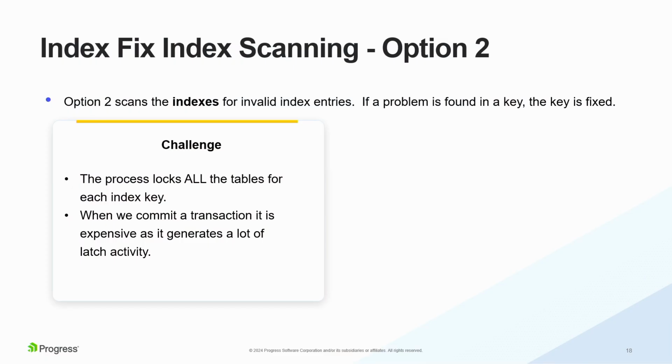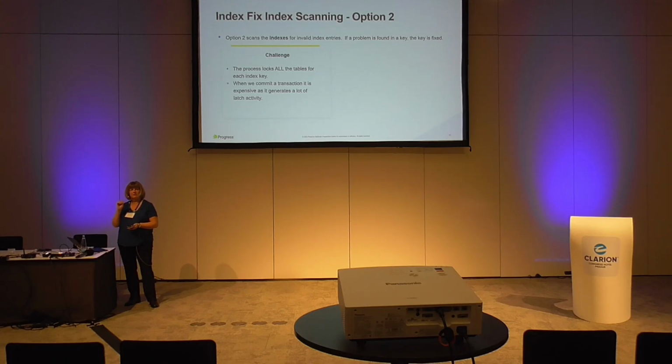Here's the other index fix option, option 2, where this does index scanning. And so this is another one of those that, just like the other, you don't have to do anything for. It's in there. But the challenge was that the process is locking all of the tables for each index key.